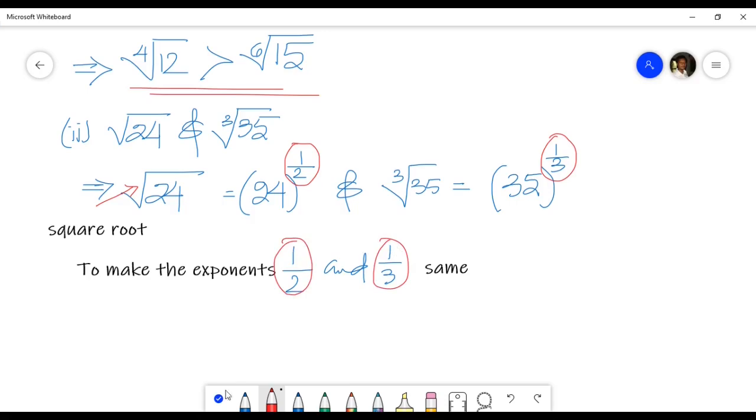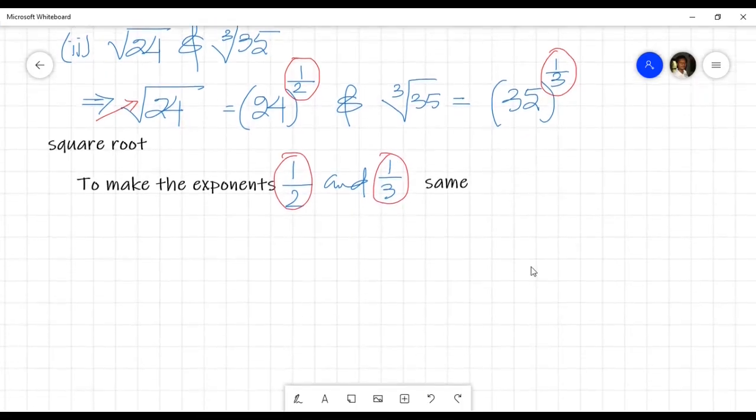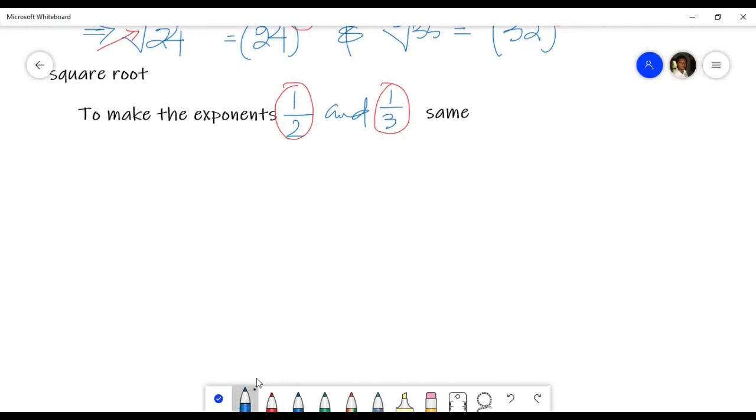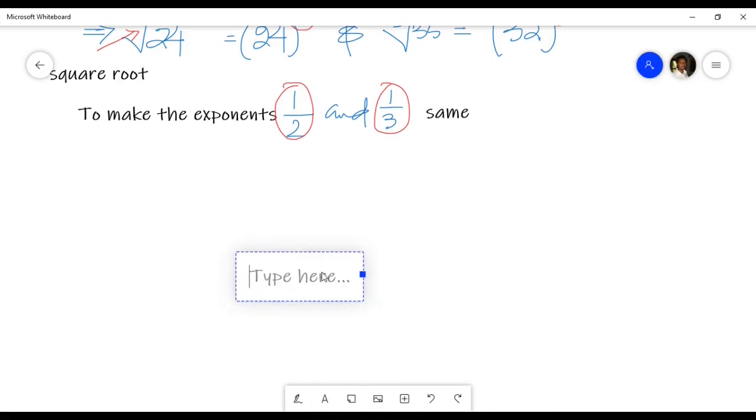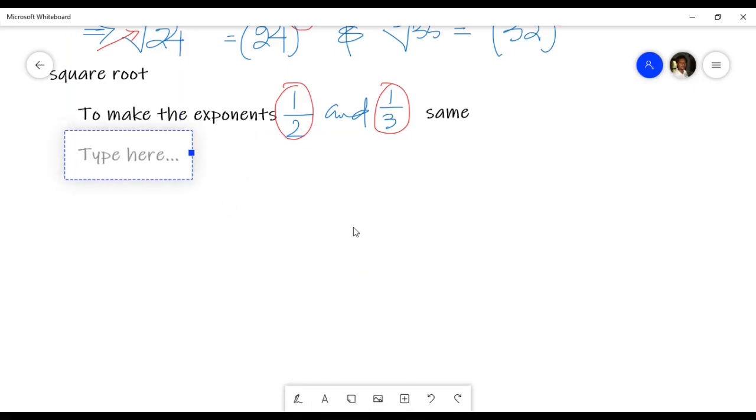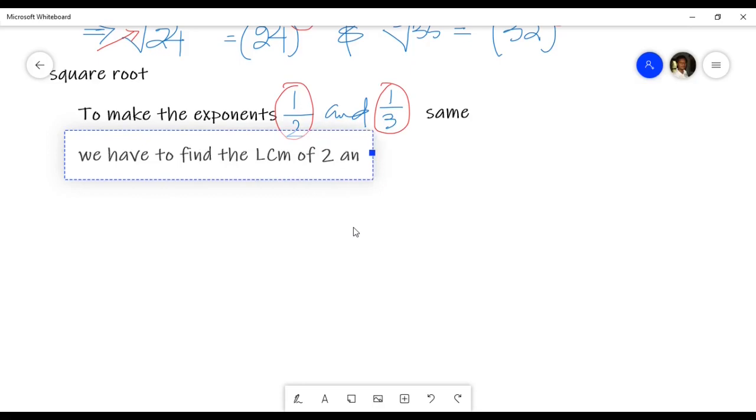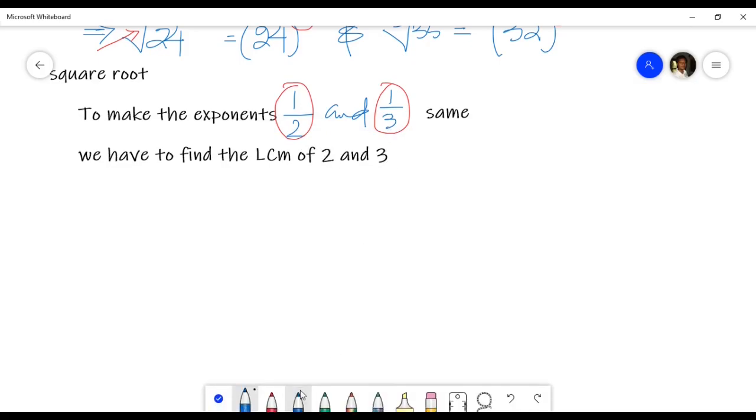These are the two exponents, right? So what we have to do here is find the LCM of the denominators of these fractions, 2 and 3. We have to find the LCM of 2 and 3, and I'm sure that you know how to find the LCM. So the LCM of 2 and 3 will be how much?